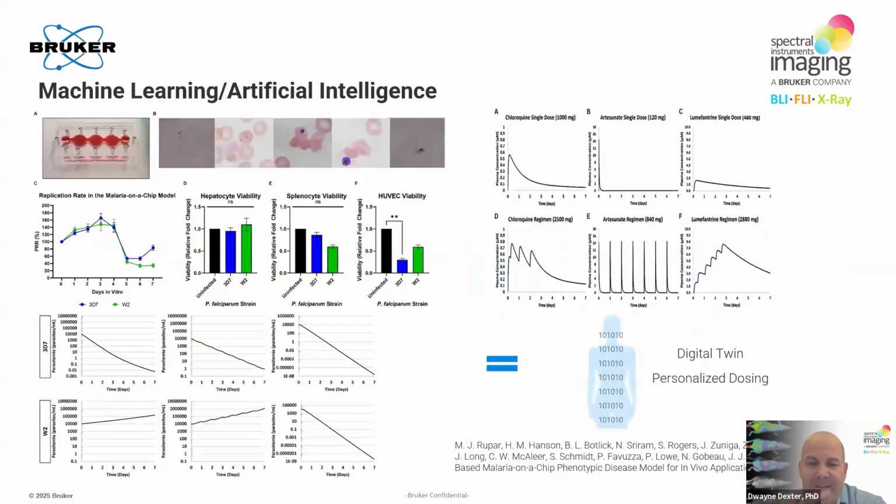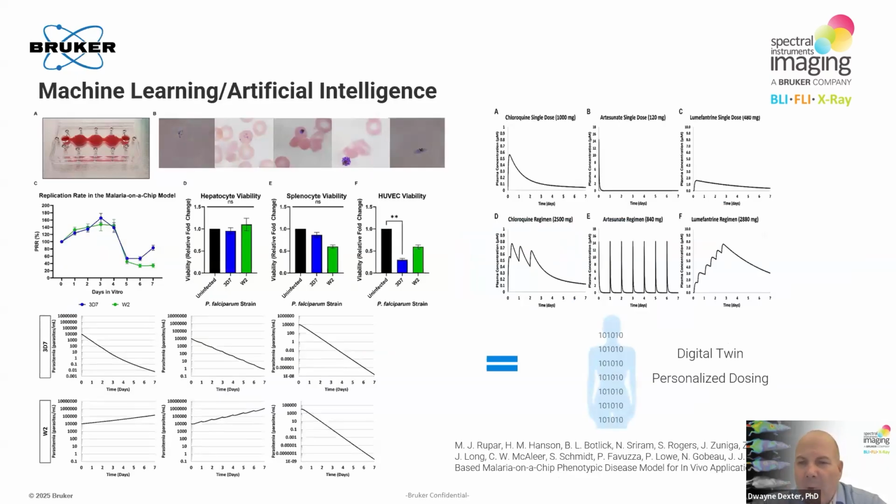As an example, I chose this one because it's combining a couple of different NAMs that we just talked about. This is a recent paper from Hesperos where they developed what we'll call a multi-tissue organ on a chip that contained hepatocytes, splenocytes, and HUVEC cells to look at malaria and drug response in malaria.